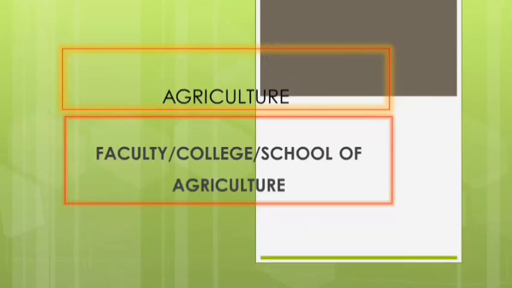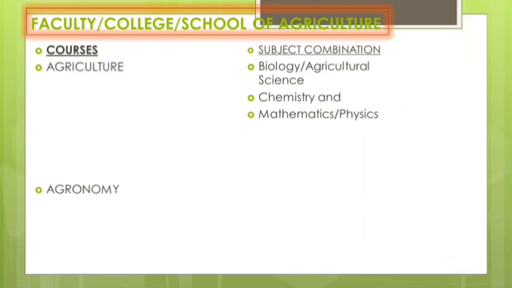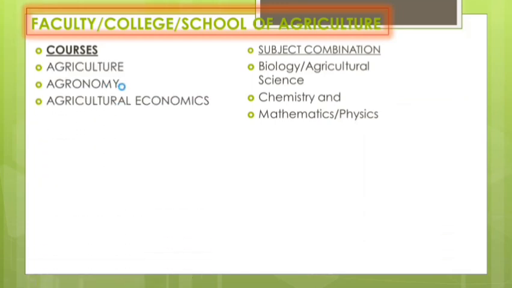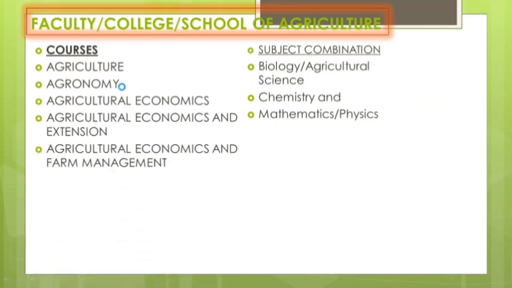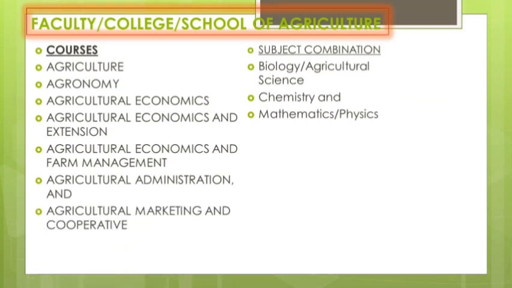We have faculty, college, school of agriculture. Are you a candidate applying for agriculture, agronomy, agricultural econs and extension, agricultural econs and farm management, agricultural administration, and agricultural marketing and cooperative?